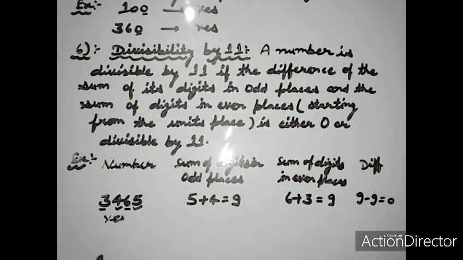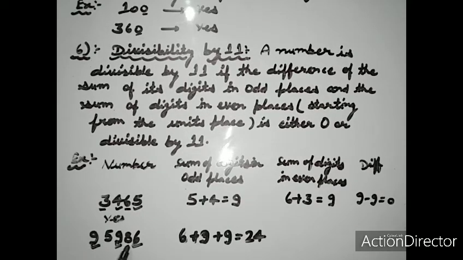Now we take another example, and the number is 95,986, right? Here we apply the same rule. We add digits in odd places, 6, 9 and 9, so 6 plus 9 plus 9, and we get the sum 24.